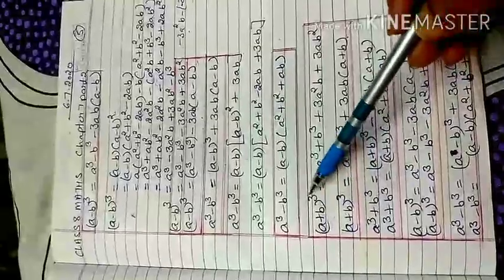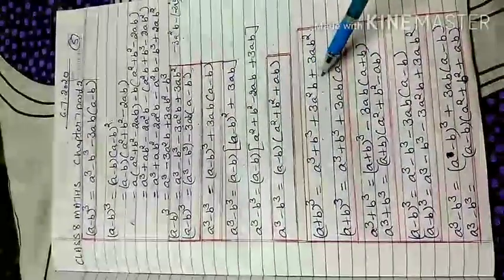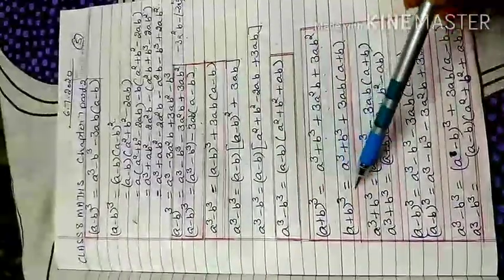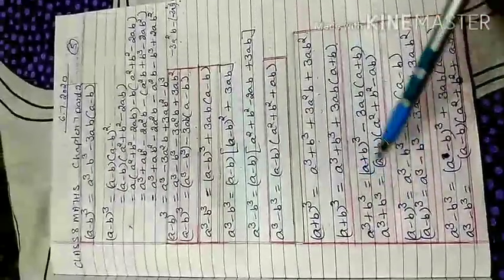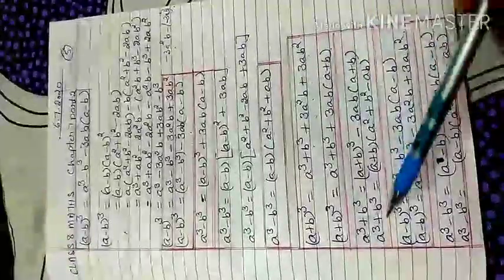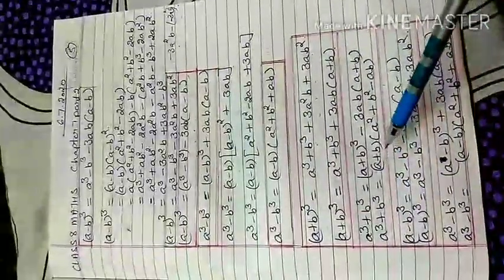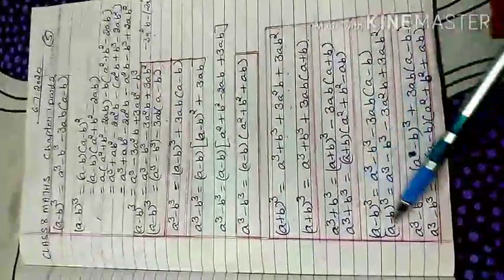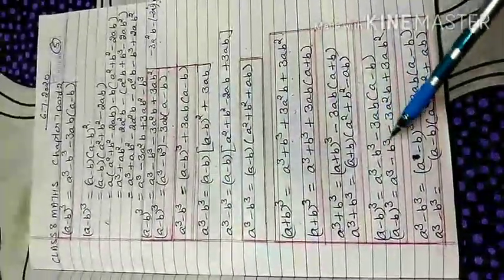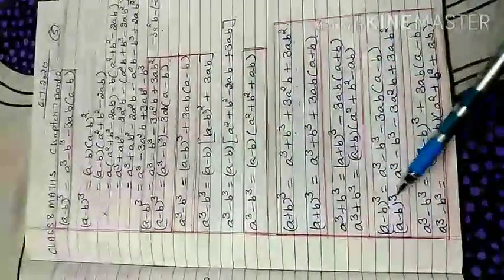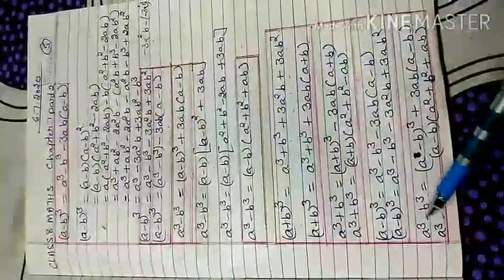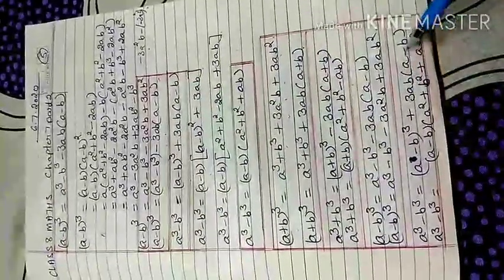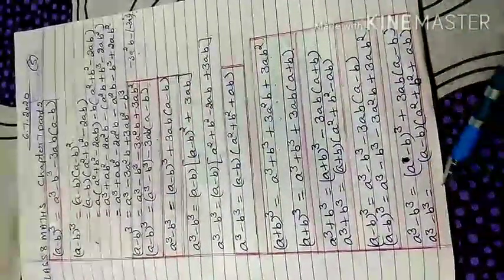So ultimately I have this list of all my formulas. The (a+b)³ formula is a³ + b³ + 3a²b + 3ab². Another formula for (a+b)³ is a³ + b³ + 3ab(a+b). Then the a³ + b³ formula is (a+b)³ - 3ab(a+b), or another formula is (a+b)(a² + b² - ab). Similarly, the (a-b)³ formula is a³ - b³ - 3ab(a-b), and another (a-b)³ formula is a³ - b³ - 3a²b + 3ab². Then a³ - b³ is (a-b)³ + 3ab(a-b), and a³ - b³ is (a-b)(a² + b² + ab). So these are the formulas.